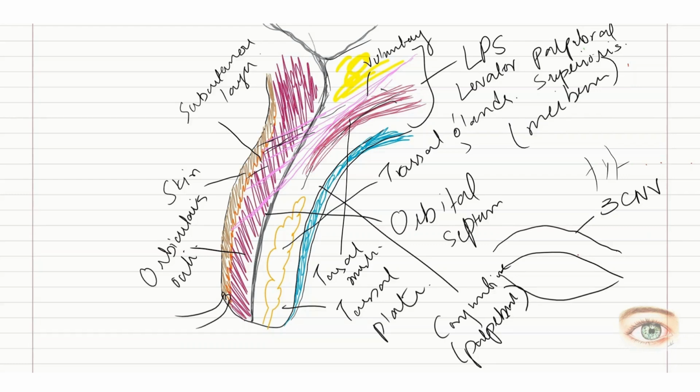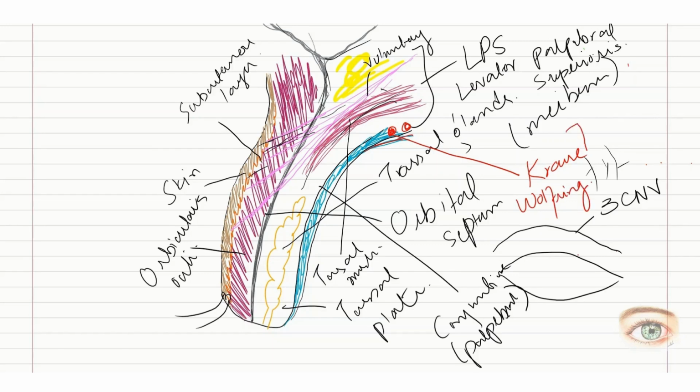And in this posterior surface, at this margin, at this most inner surface, we have two glands, which are the accessory lacrimal glands, the glands of Krauss and Wolfram.